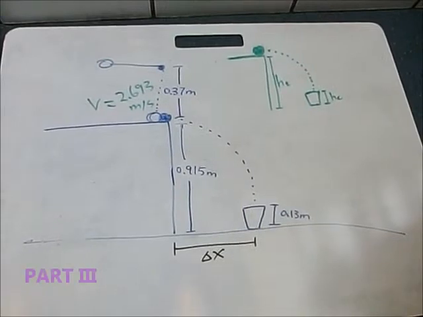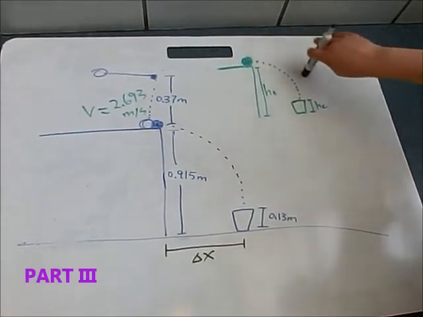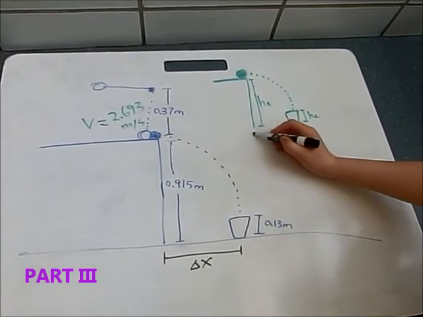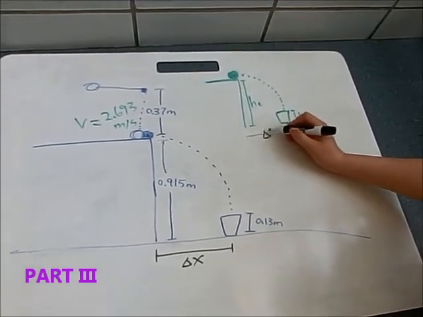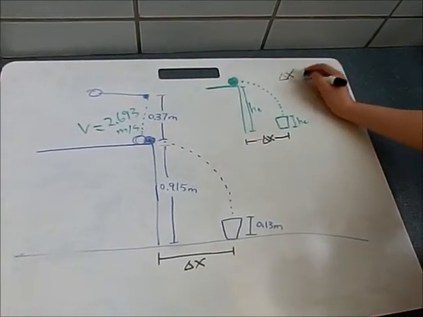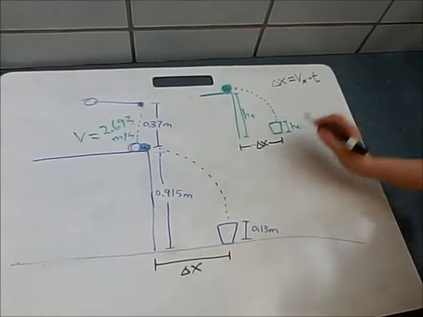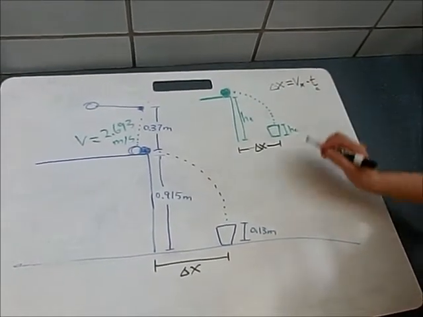For part 3, we're using the kinematic equations. Since the ball falling off the table is projectile motion, in order to find this distance, the range here, you can use the equation change in x equals v horizontal times time. Now we need to find the time.